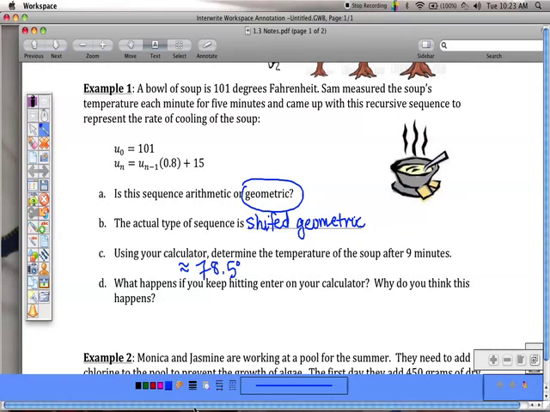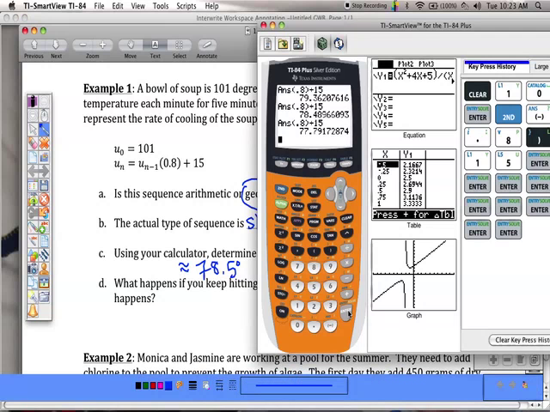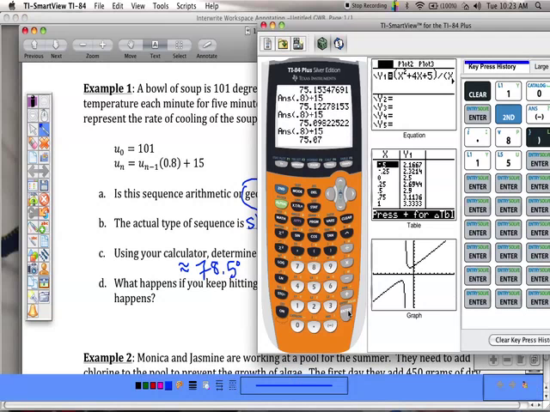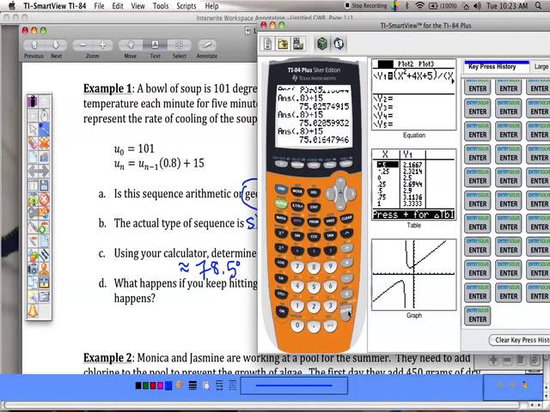All right, let's try that. Let's see what happens to the temperature over time. So I'm just going to hit enter a bunch of times and see, does it go down to 0 or what happens to the temperature over time? So we keep hitting enter here, and it looks like it's starting to level off here. If you're watching the decimals, it looks like it's leveling off at about 75 degrees.